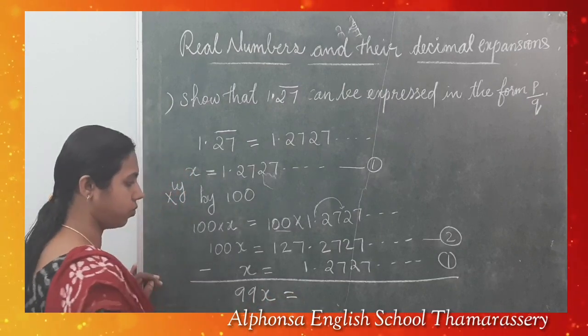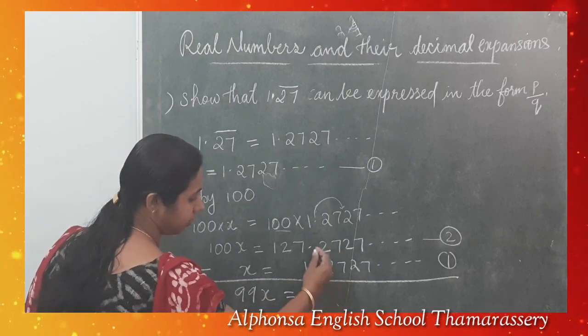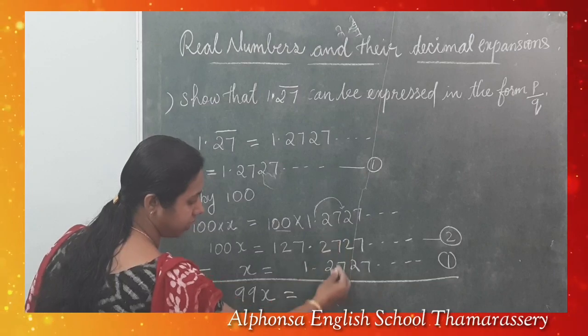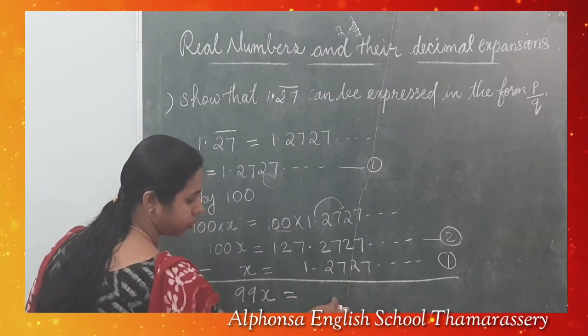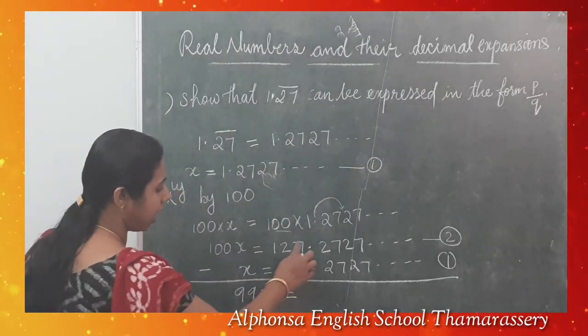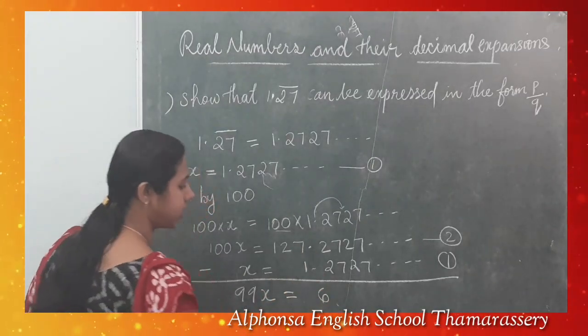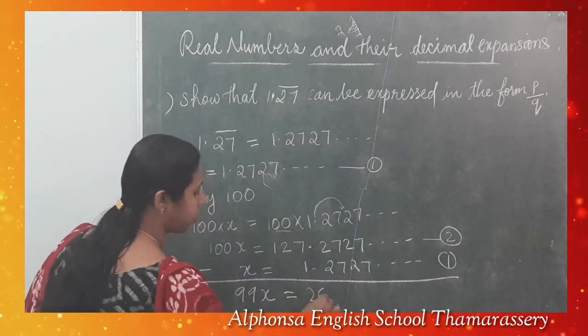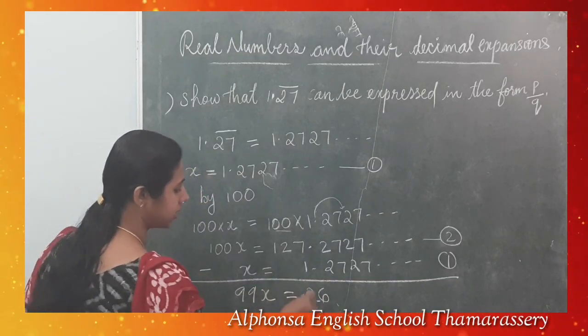After the decimal place you will get 0: 2 minus 2 is 0, 7 minus 7 is 0, all these values will be 0. And 7 minus 1 is 6, 2 minus 0 is 2, 1 minus 0 is 1.